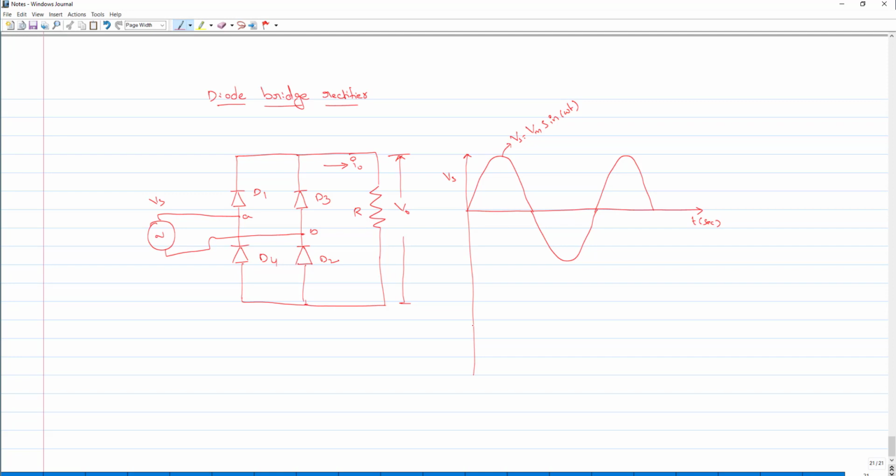Now let us talk about the output voltage. Assuming the diode drop is negligible or zero, when the positive voltage comes into picture, this diode D1 comes into action and the current flows through this resistance, and diode D2 comes into action and it goes back. So it follows the same as the input voltage. So the direction is from top to bottom.